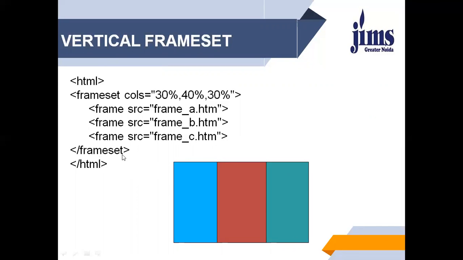And then you close this frameset tag. This is how your output will be displayed. That particular file will open, and all the 3 frames will be independent of each other.